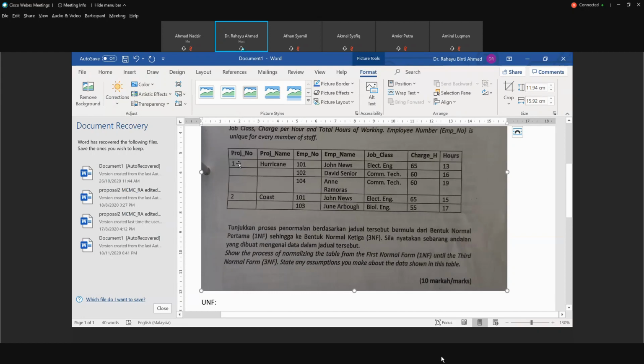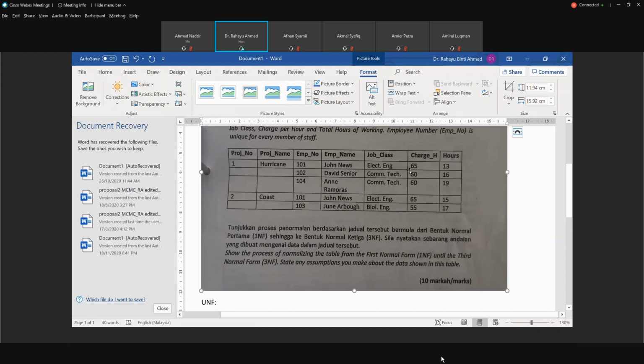Okay, so then we check again. Does project number and employee number tentukan job class? Tak. Kan? Because actually job class ni is just depending on the employee number alone.